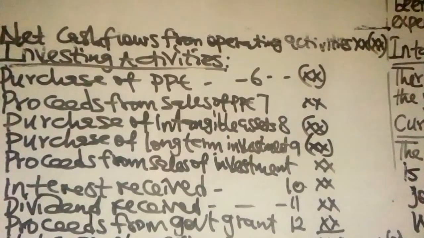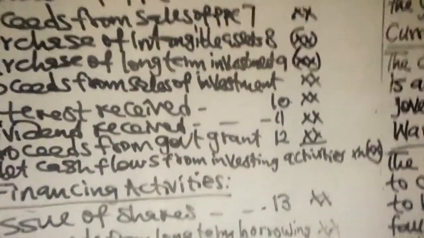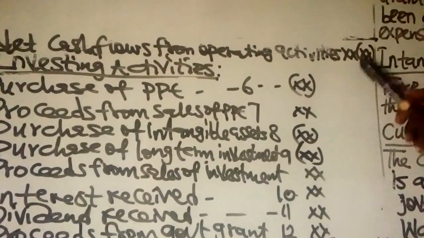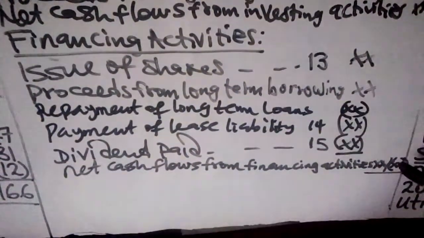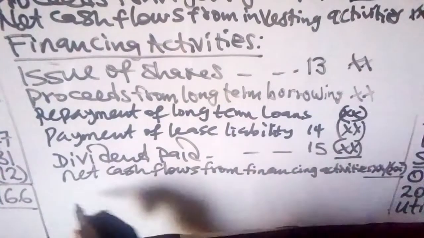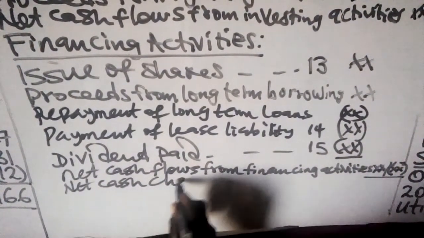Cash flows from operating activity we've obtained, plus the net cash flows from investing activities, plus the net cash flows from the financing activities. After the sum of the three, you get the net cash change.